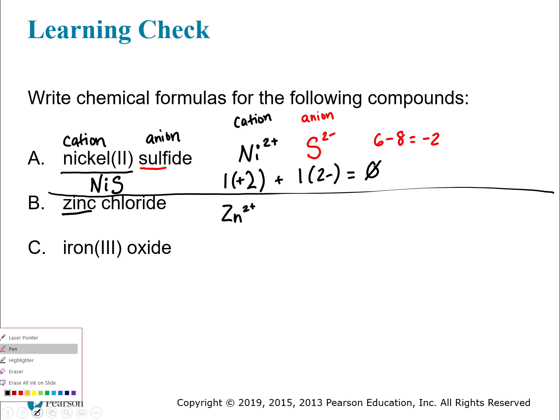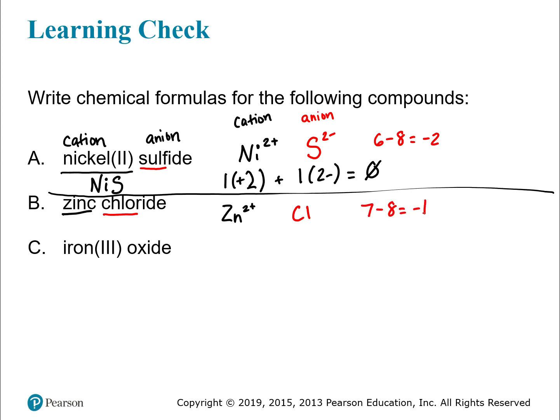For the anion, chloride. Chlor comes from chlorine. That's Cl. What group is chlorine in? It's in 7A. So our charge is 7 minus 8, which is -1.